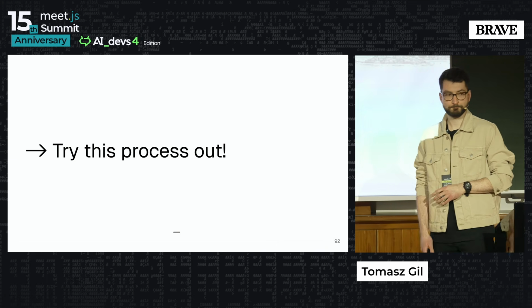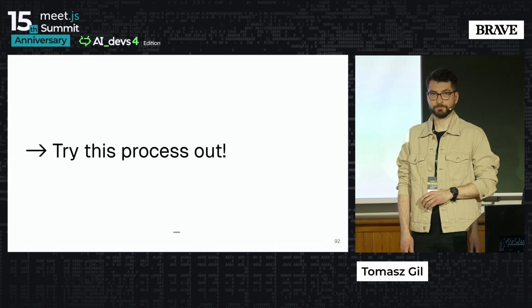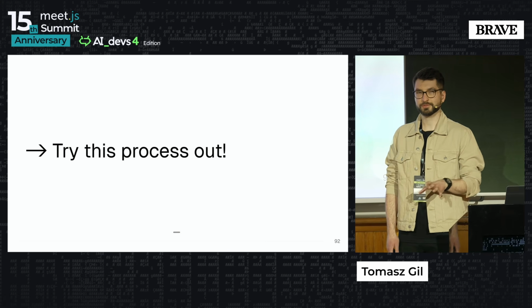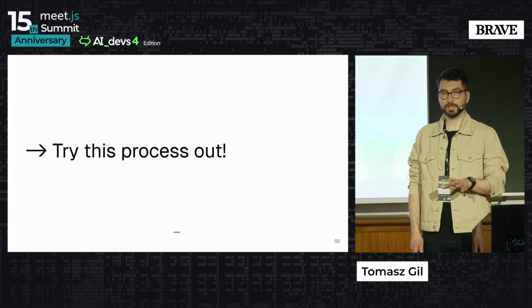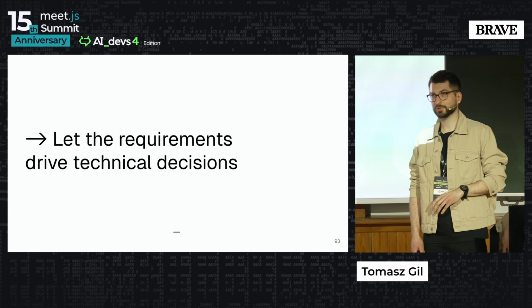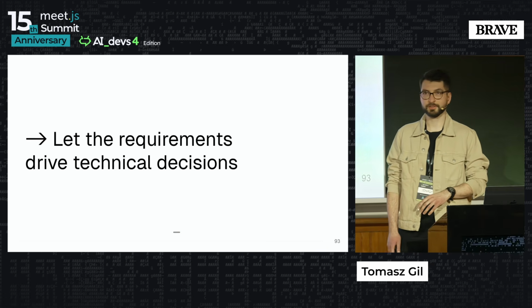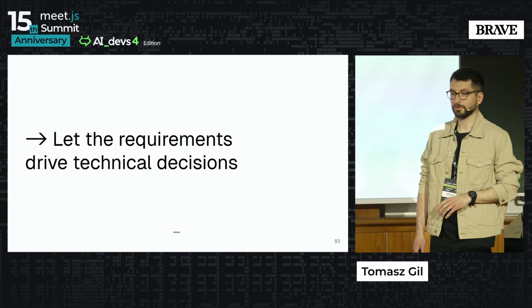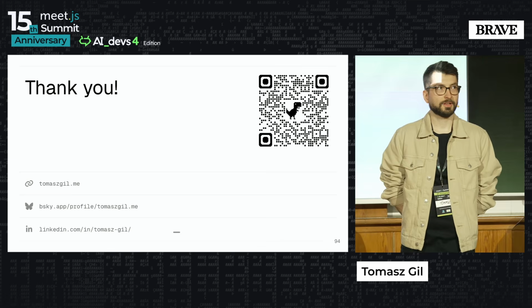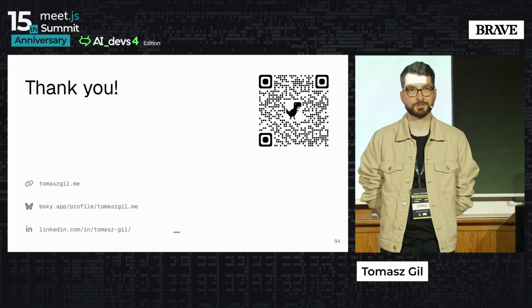And if they do, try this process out. We've made a bunch of trade-offs that make this process reasonably straightforward to implement, but it can drastically improve the user experience. And finally, make sure to let the requirements drive technical decisions, especially before you embark on a costly rewrite. And that's it. I really appreciate the attention.